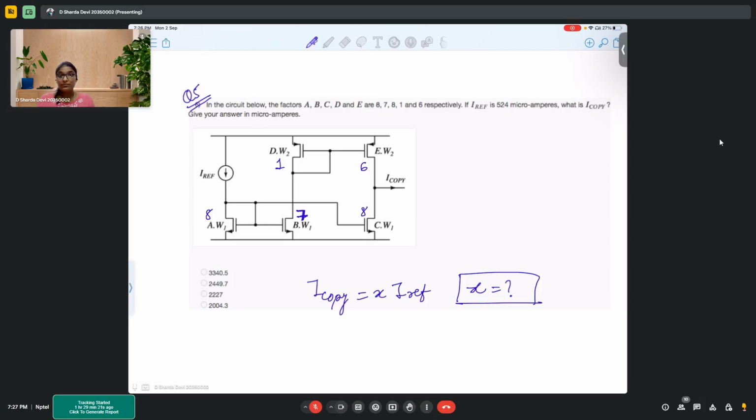So it is 34 by 8, I copy. Okay, so I got one answer: it's equal to 34 by 8. This is option A. What about others?